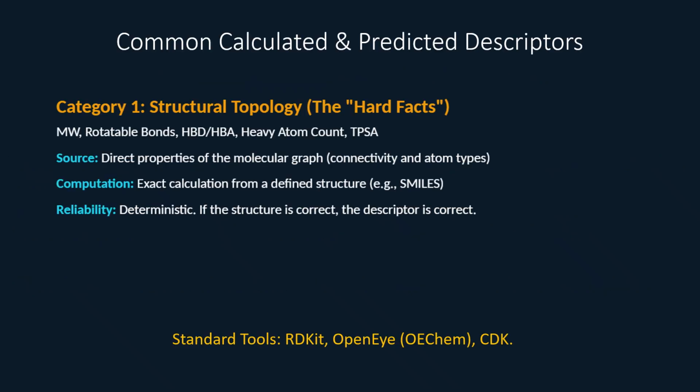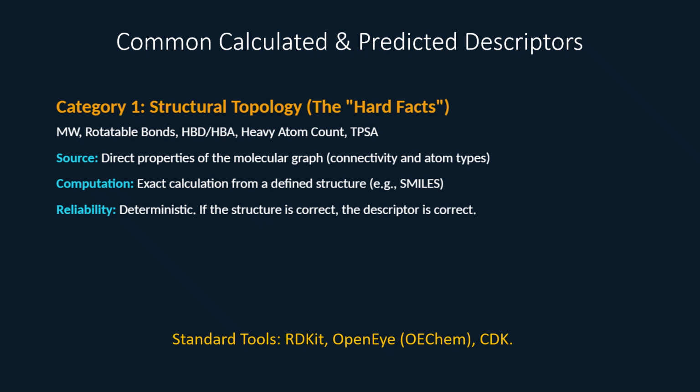Okay, so what we need to know here is not all molecular descriptors are created the same way. And it is useful to start with the most fundamental category. Category one describes the structural topology of the molecule. What you might think of as the hard facts of the molecular graph.